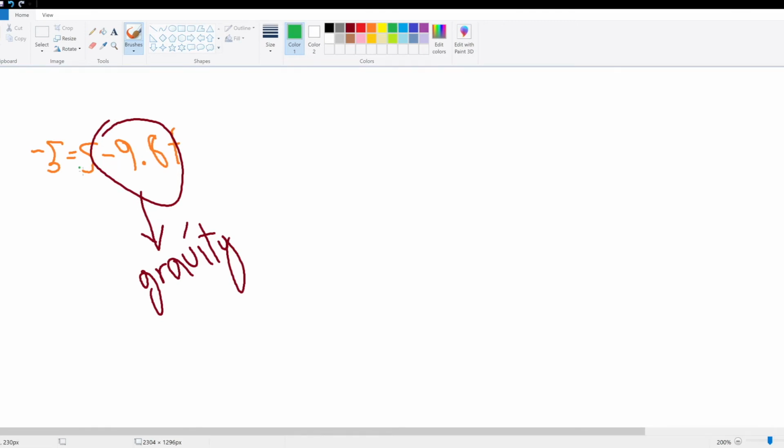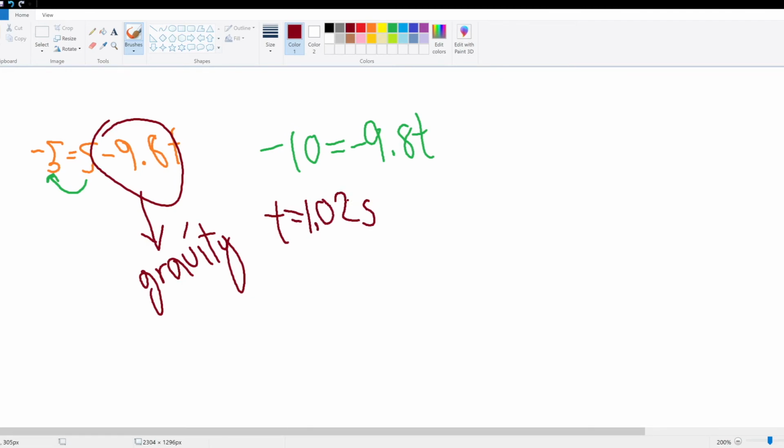Now we're going to move this to the other side. So we're going to subtract 5 from both sides, and we get negative 10 is equal to negative 9.8 t. And then if we divide both sides by negative 9.8, we'll get the answer for t, which, drum rolls please, is t is equal to 1.02, and you can add the units, seconds.